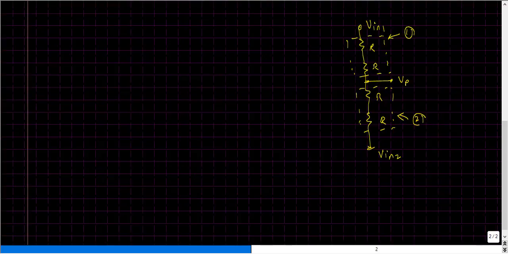Now by applying Vin1 with a voltage which we took as Vd by 2, and the other end connected to ground, let us assume that the values I'm going to get at the nodes VO1 and VO2 are as follows. Here I get a value of VOA, here a value of Vx, and at VO2 I get a value of VOB.